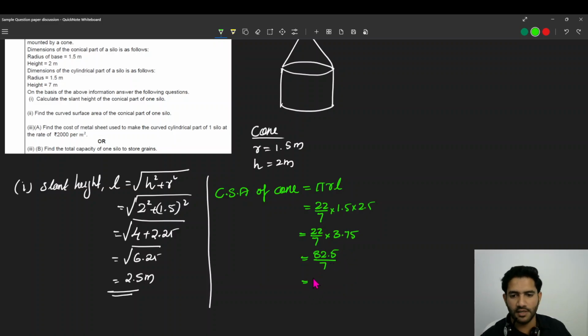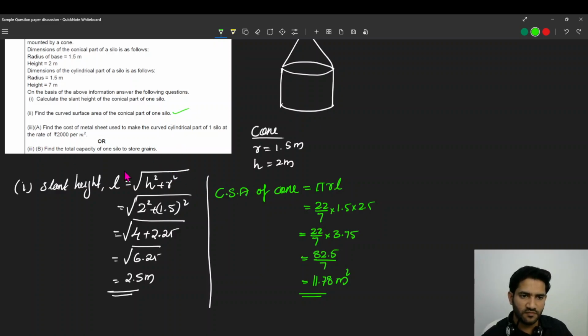I have already calculated that, it is 11.78 meters square. Area, that's why meter square. So this is the curved surface area of the conical part of the silo.